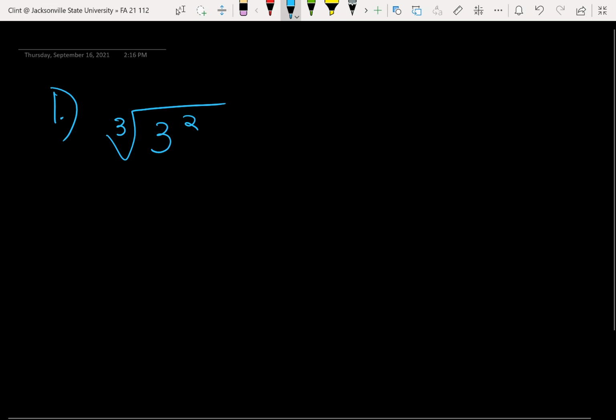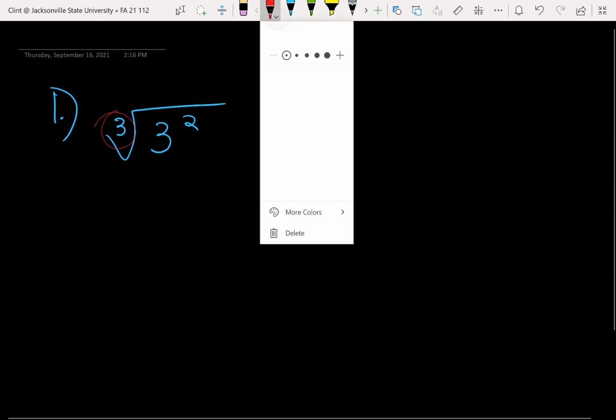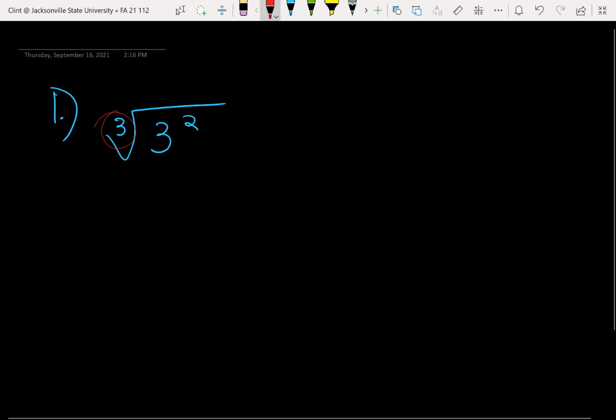So this one's not asking for us to figure out a number answer, it's just wanting us to rewrite this thing. So instead of being a radical, we want it written as a fraction exponent. The thing to remember there is that this number out here is going to be our denominator in our new exponent.